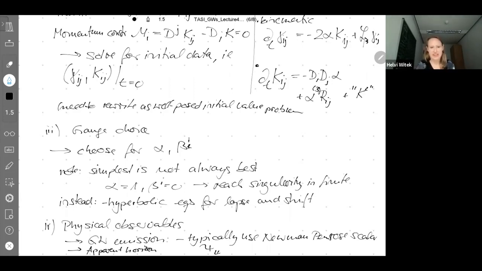Once you do all of this calculation, you will find this really nice information about the strong field regime that's encoded in the gravitational wave signal that we have drawn and seen in our previous lecture.